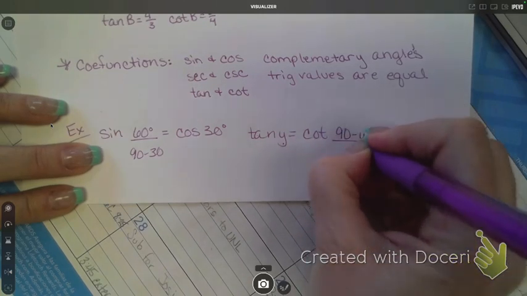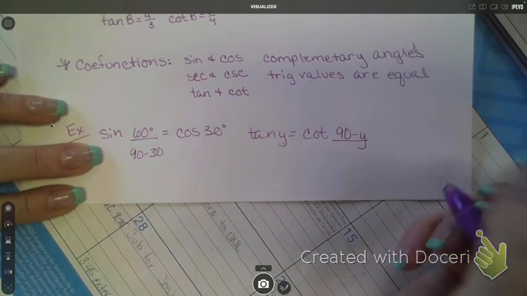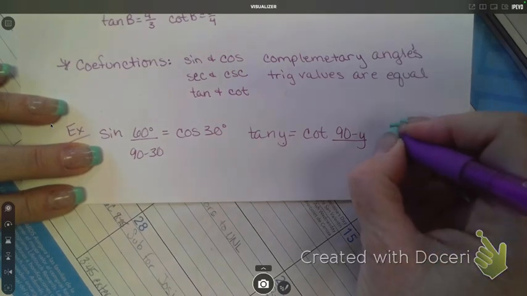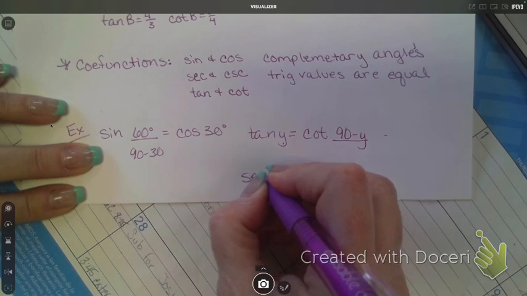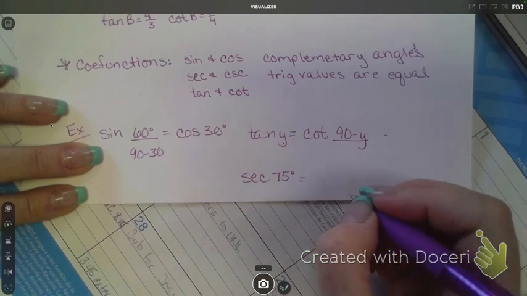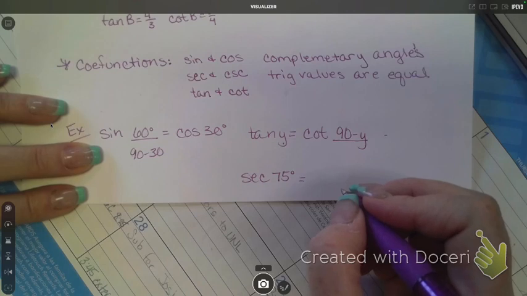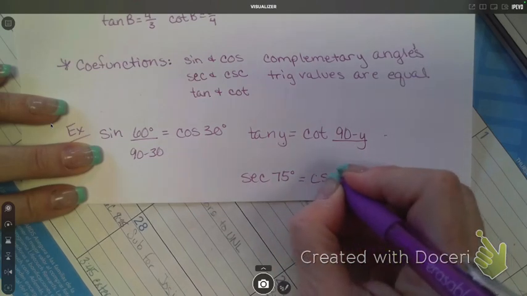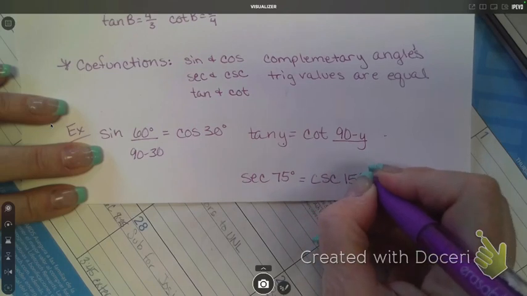No secret. It's just 90 minus the angle you're given. The secant of 75 is equal to the what? The cosecant of 15 degrees.